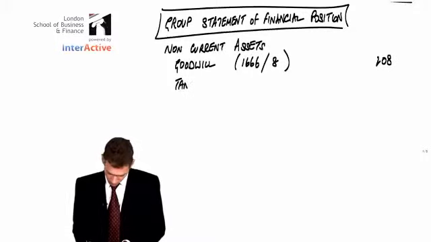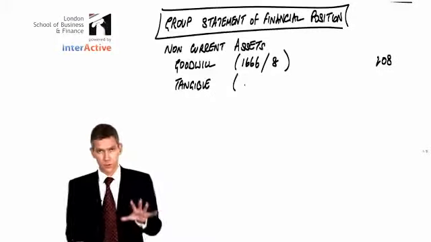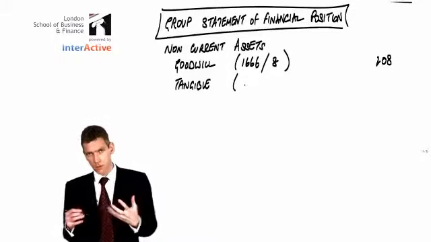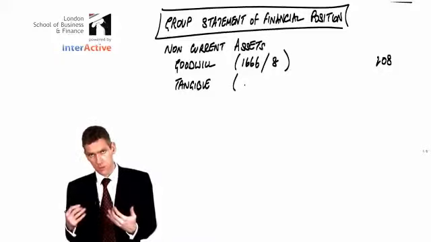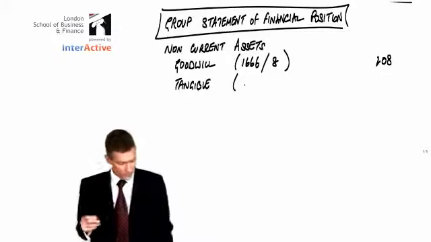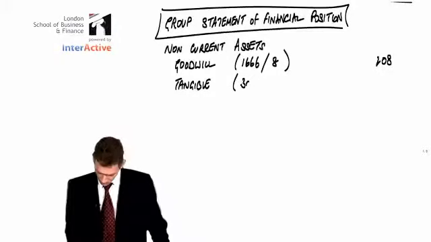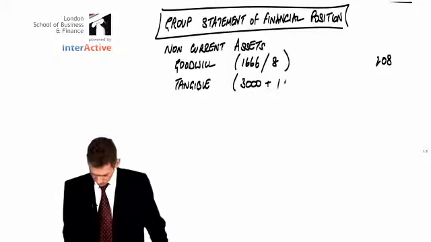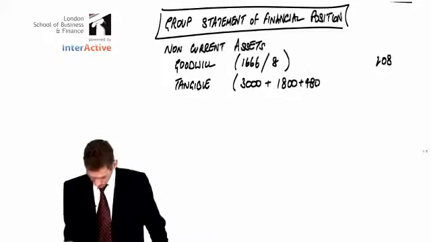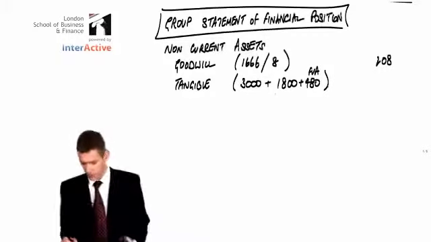Tangible. Remember the trick here. You're so keen to try and get the currency sorted, you forget the basics. Like, for example, FVAs. Watch out for the FVA. $480 left in the FVA.